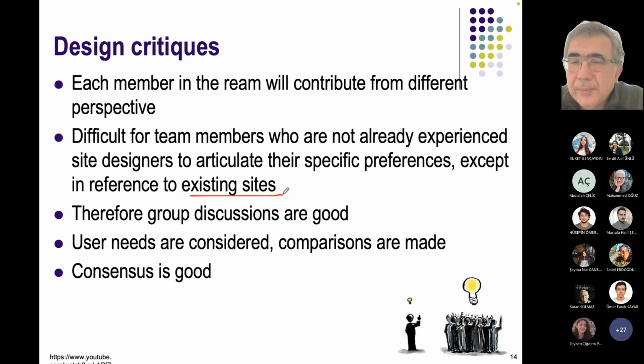It's an engineering problem. It's not an art where you can master your skill and make the best. So user needs are considered, there are comparisons, and usually in the group meetings, consensus is looked for.